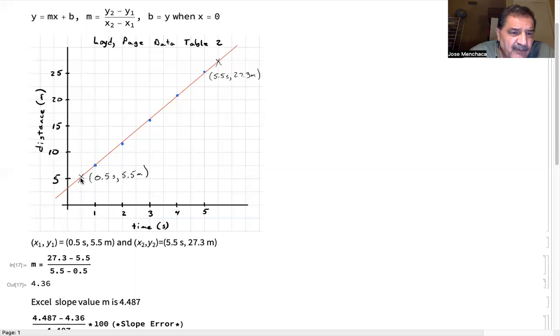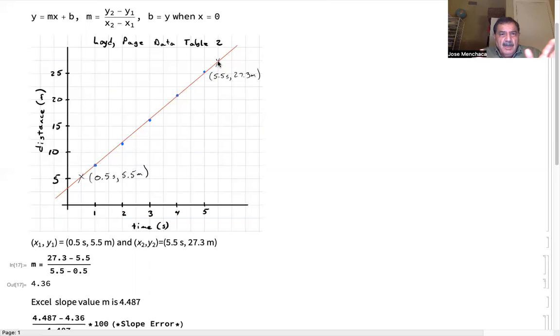I chose the 0.5 seconds, and it looks like it crosses about 5.5 meters. I also chose the 5.5 second line, and it crosses at this blue line would be about 27.5. So I'm estimating about 27.3.